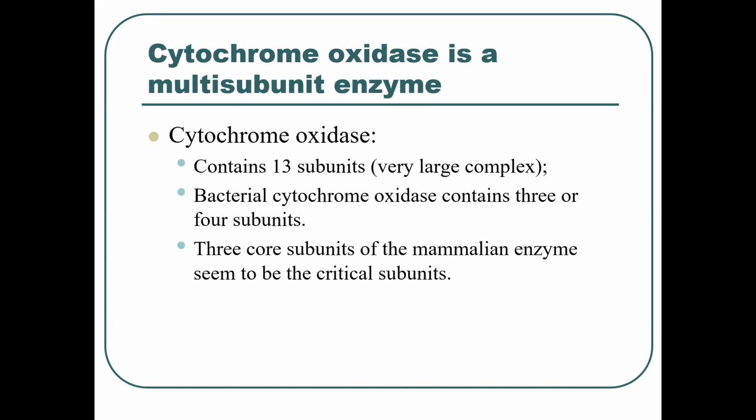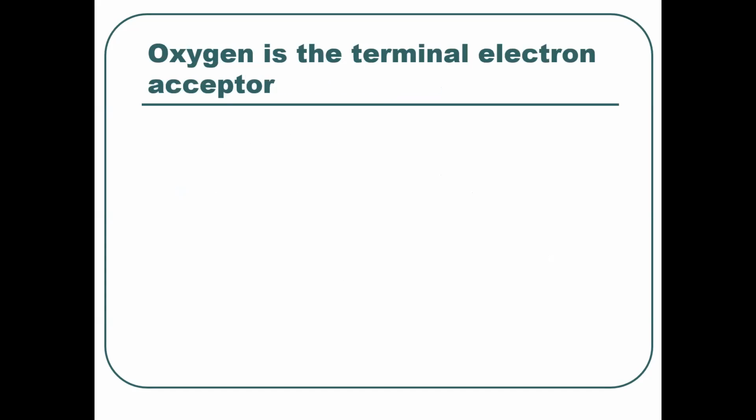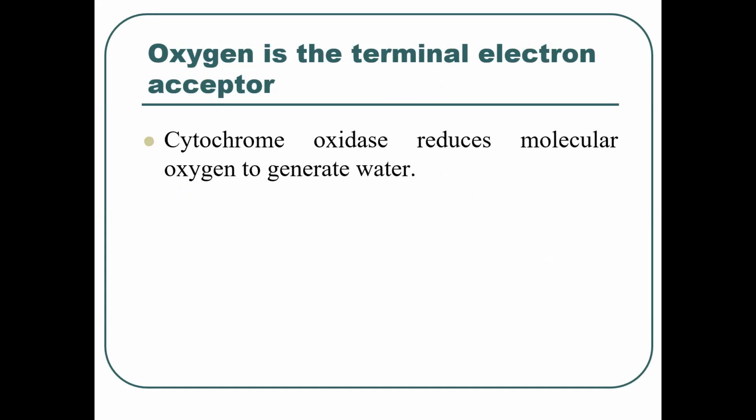So of the 13 subunits that mammals have in the cytochrome oxidase, bacteria have essentially the 3 or 4 core polypeptides in their cytochrome oxidases. And the amino acid sequence conservation between those core subunits is pretty impressive. As we said, this generates water.